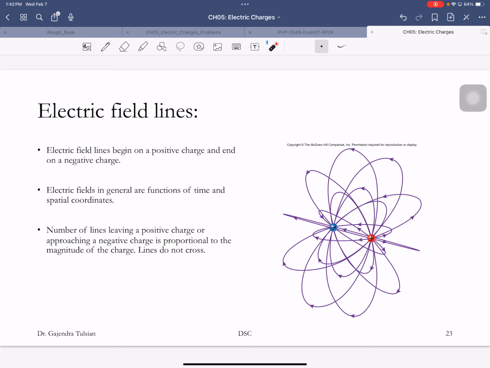Electric fields in general are functions of time and spatial coordinates. You see the electric field strength is changing at different locations. And if you move this charge, if you jiggle this charge, of course, the electric field will change with time. But if the charges are stationary, then it won't change with time.